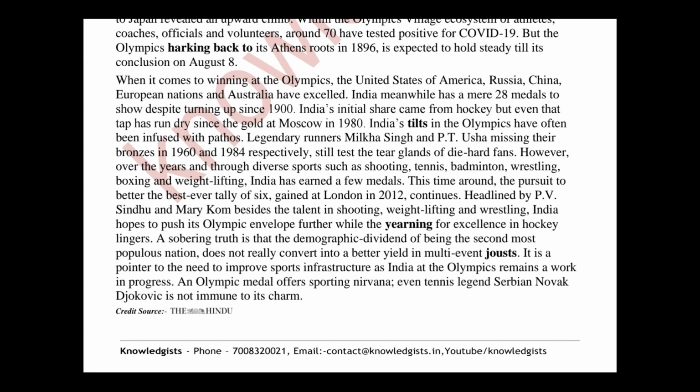As we know, Novak Djokovic is a tennis legend. Currently, he is ranked world number one by the ATP, the Association of Tennis Professionals. So, being a number one tennis legend who plays for Serbia, he is not immune to its charm. He is not at all unaffected by the charm of these medals.